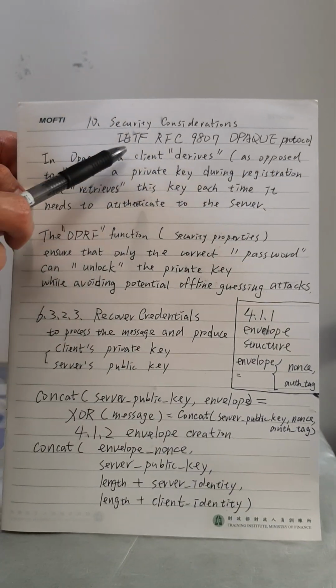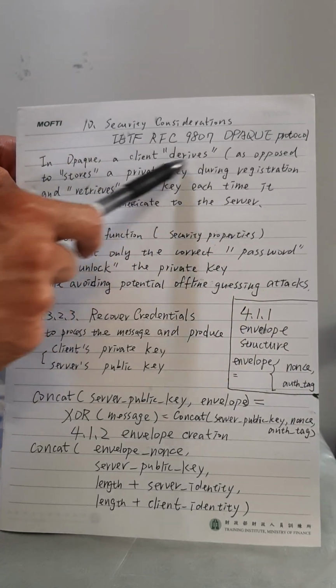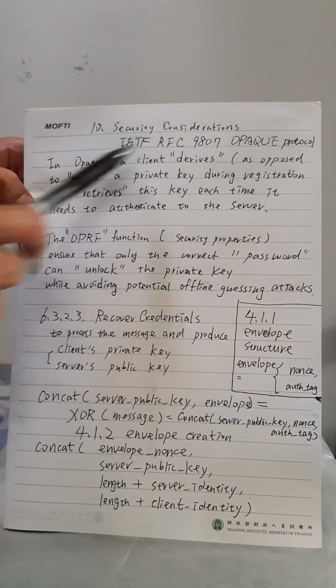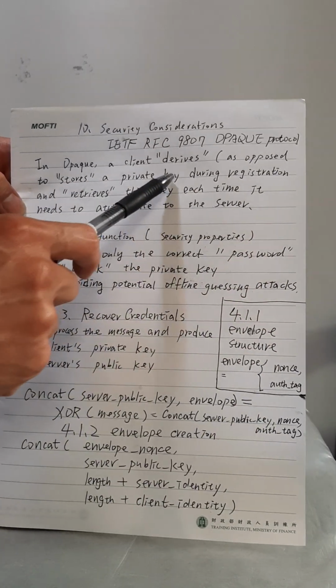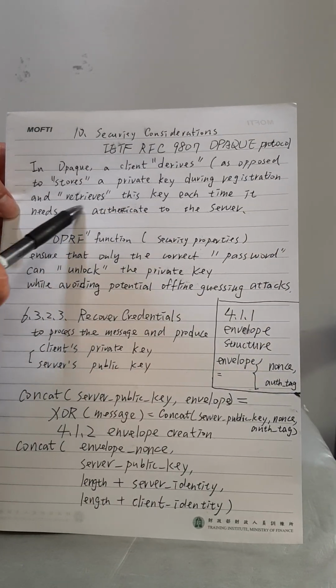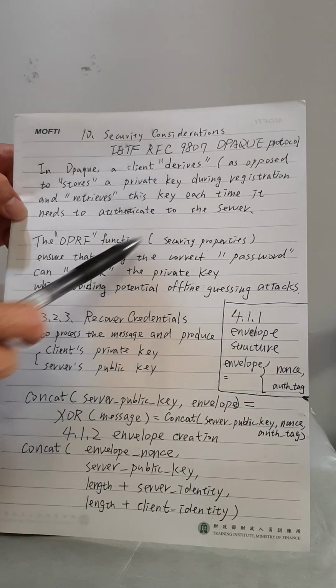In OPAQUE, a client derives a private key as opposed to storing a private key during the registration stage and retrieves this key each time it needs to authenticate to the server.